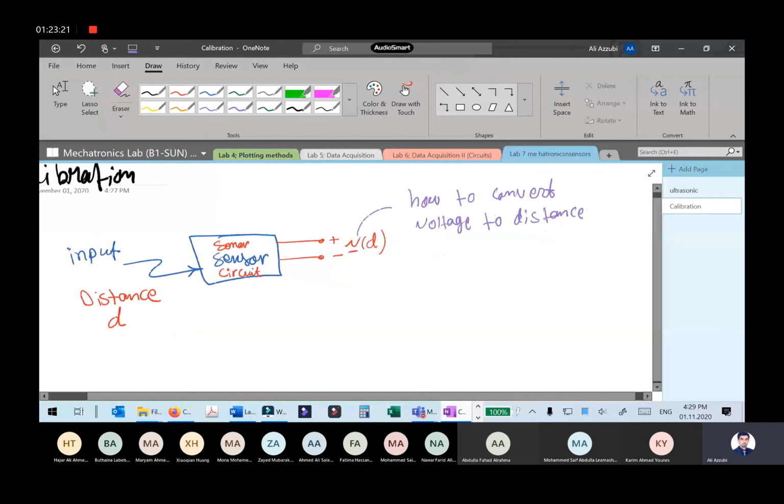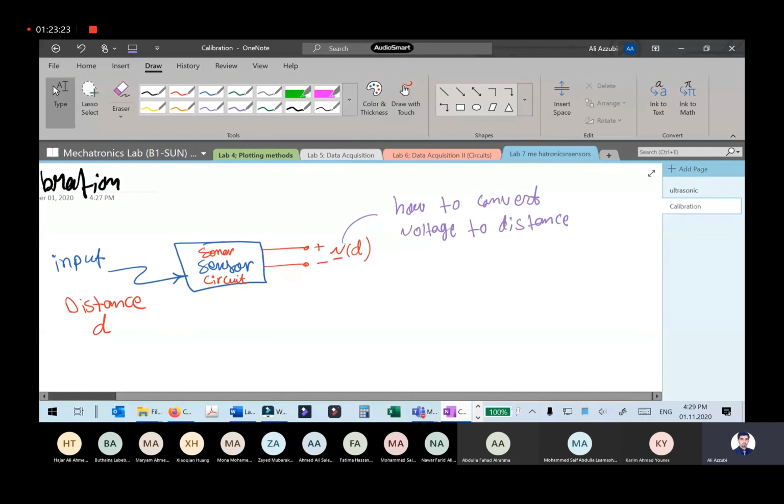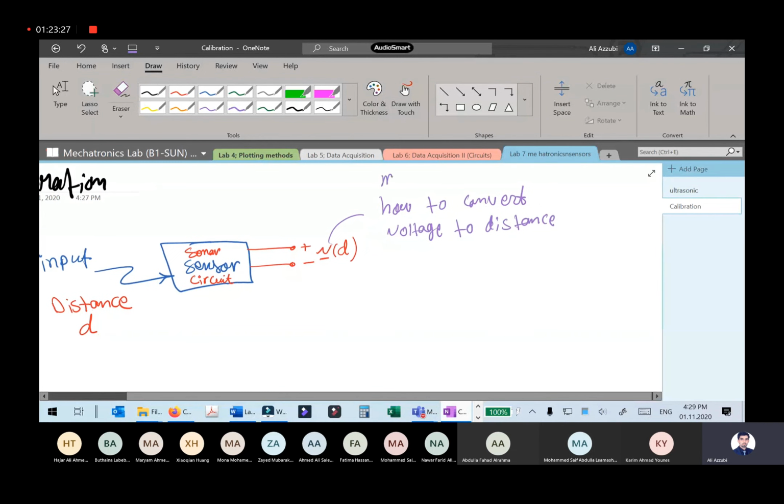Of course you have in mind measuring voltage V, then how to convert this to distance. Now we have seen this topic, how to measure voltage, you agree?